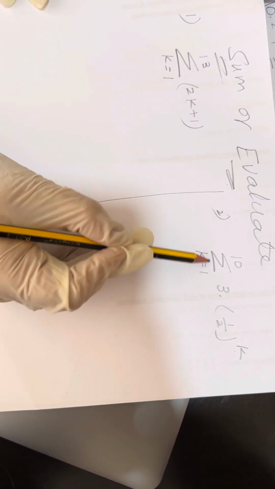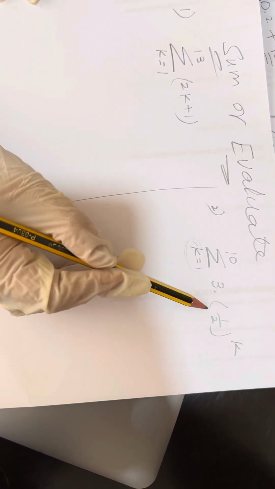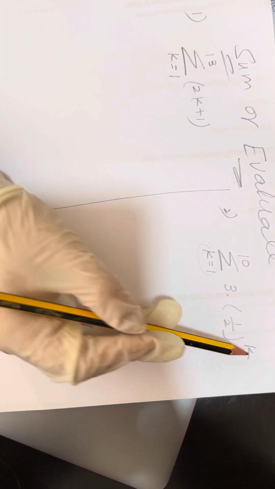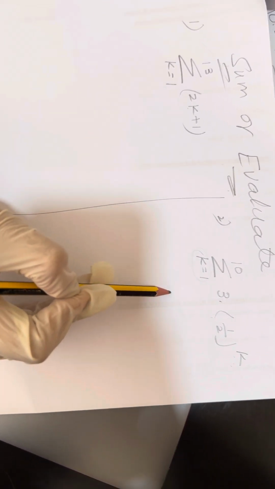So how will I know whether it is geometric or arithmetic? You can see here k is not a power, so this is arithmetic. But in the second one, k is a power, right? Whatever letter I am using, that one is a power. So whenever the variable is a power, it means this is a geometric sequence.